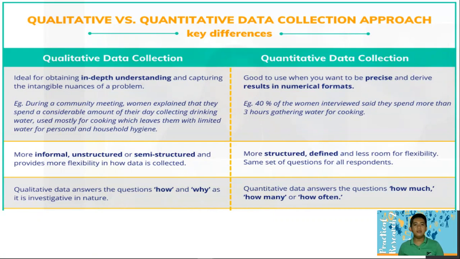But quantitative data answers the questions how much, how many, how often; all are quantifiable. There is a count. Okay? Let's pause for a while and look into how the qualitative and the quantitative data collection differ from one another.